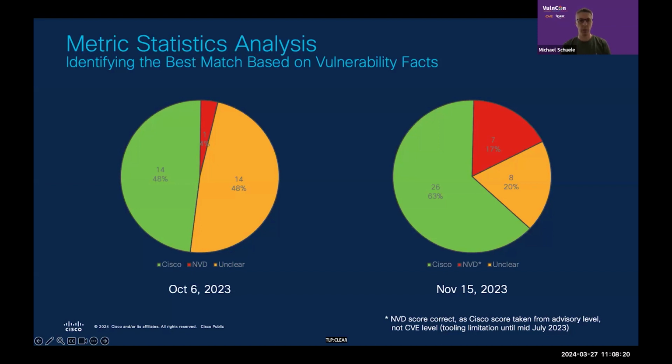And our tooling would always just put the worst score on the advisory level, and that score would be submitted to NVD because of that tooling limitation for all the CVEs of that publication, which of course resulted in incorrect data in the NVD database. That's luckily long fixed. So we fixed that already mid last year, so that's no longer an issue today. The root cause was known, so that also wasn't of further interest.